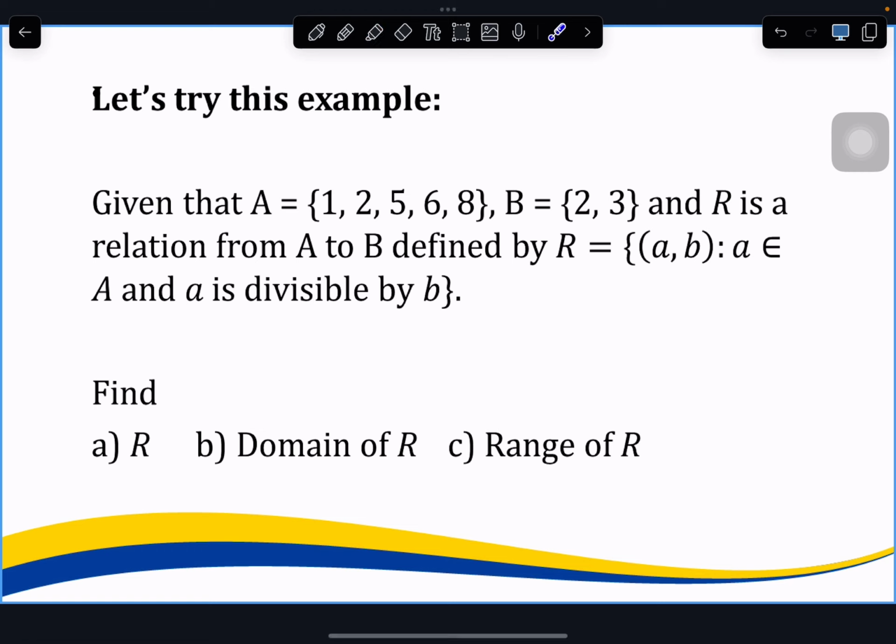What is this one? A, correct. This one? B. And what is R? A relation, like connections between A and B, defined by this condition. So what is small a here?